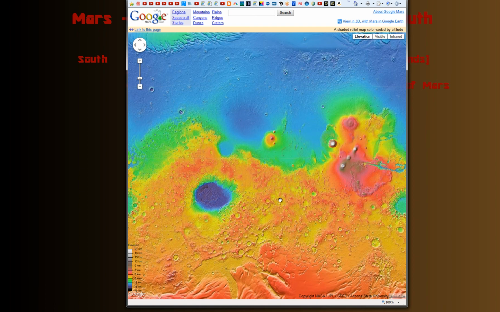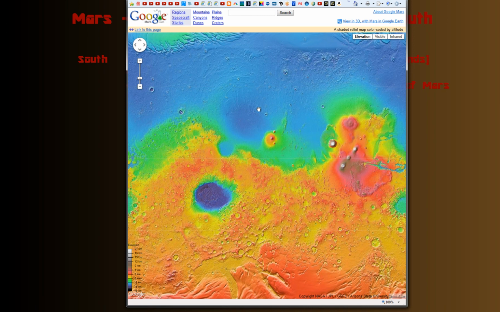Probably more often earlier in the formation of the solar system, but they don't happen all that often. And so, if you have more of them, that means this ground has been left undisturbed for a long period of time. It's not that they all would have hit down here for some reason, and there's some magic shield up here. They're random, so they would have randomly spread out all around the planet.